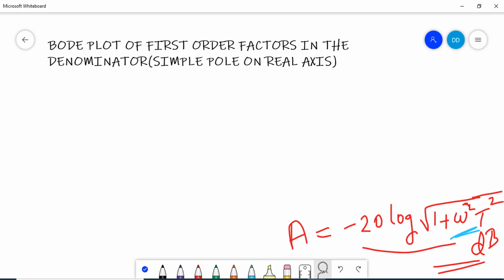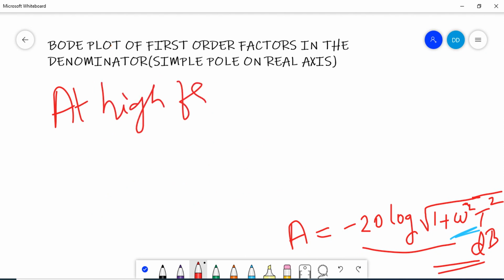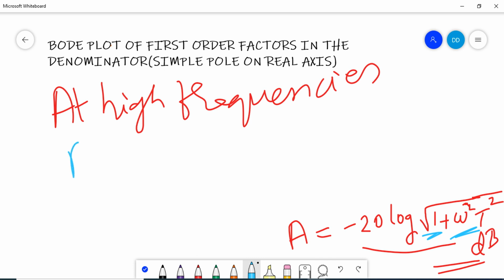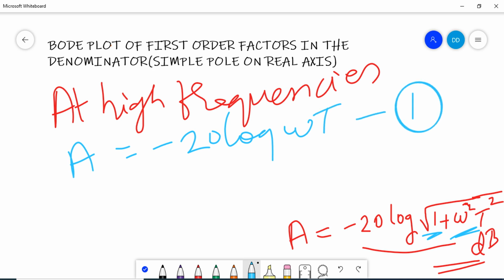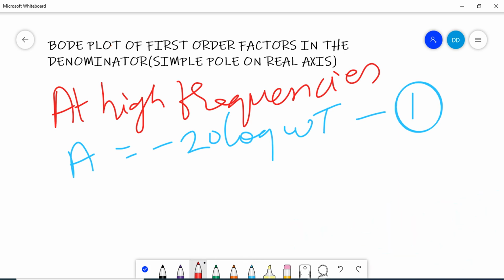At high frequencies, we can neglect this 1 as compared to omega square T square. So our magnitude A becomes minus 20 log omega T. We'll treat this as equation 1. Here if we consider omega is equal to 1 by T, then A becomes, if you substitute 1 by T in equation 1, minus 20 log 1, which is equal to 0 decibels.